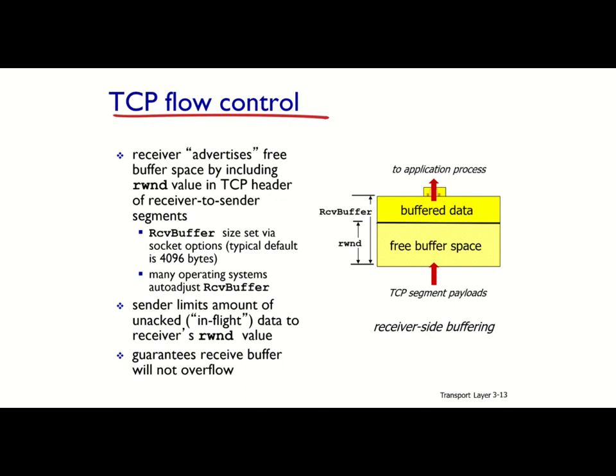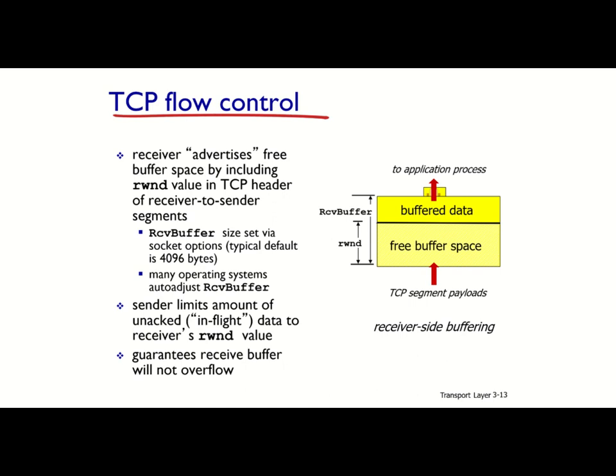TCP has a state variable called RWND, which means receiving window, which shows the free buffer space, and the receiver always advertises this value in the TCP header, so that the sender understands the limit of data that it can send to the receiver.